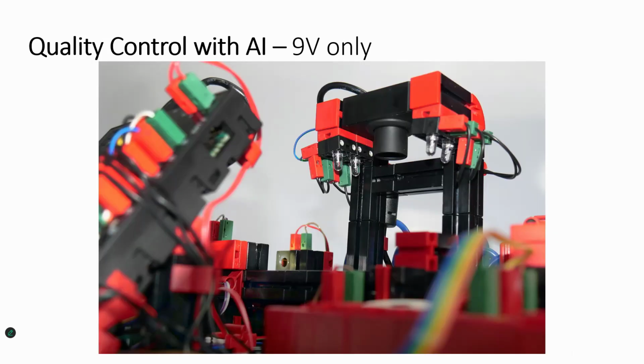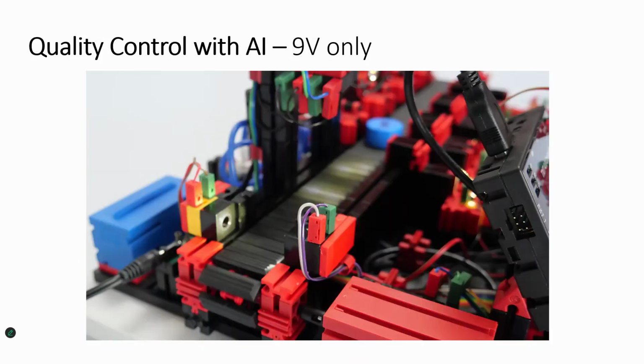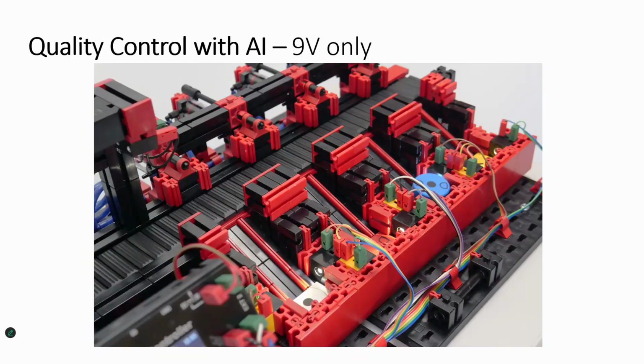First off, it gets scanned by the camera that you see there, and it's classified with the aid of the trained AI. Depending upon the color, the feature, or the fault pattern that's shown, the workpieces are then sorted by the artificial intelligence based on their quality features.